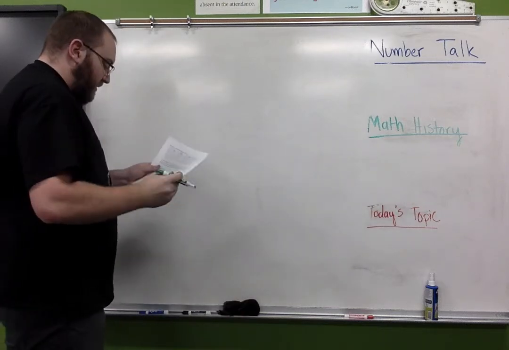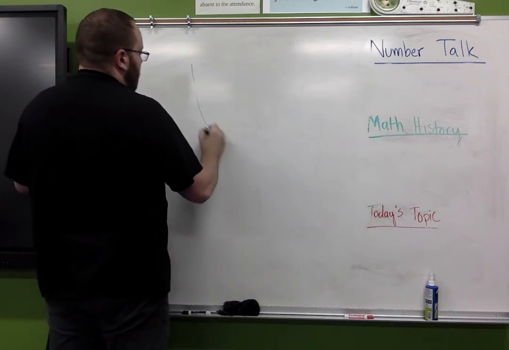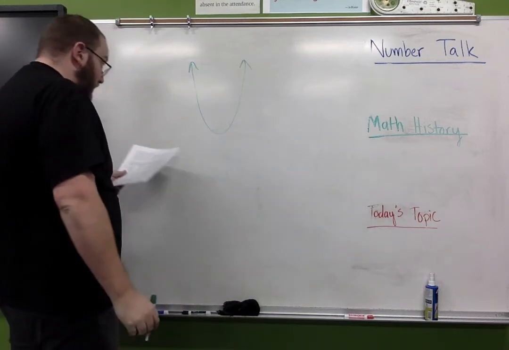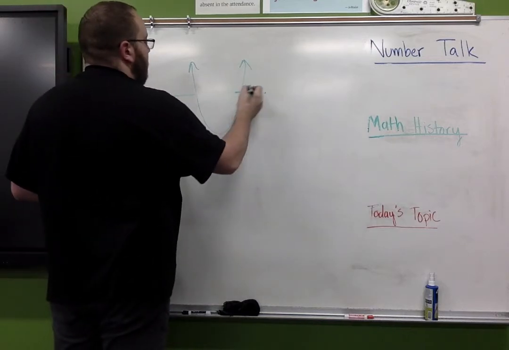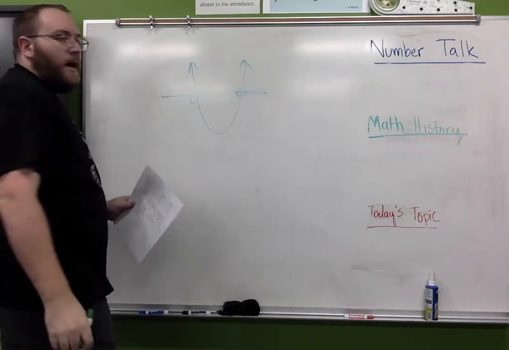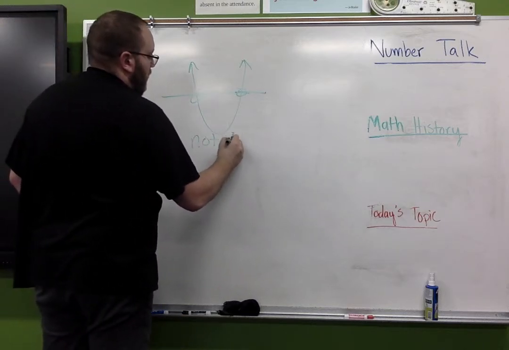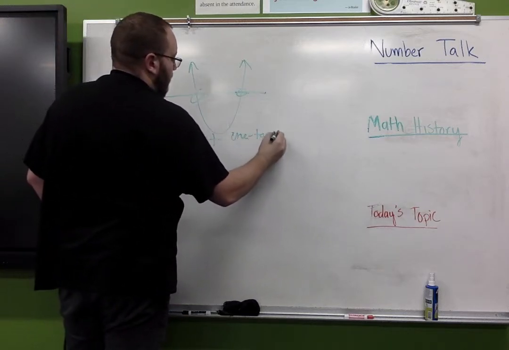So let's look at our graphs. Let's see, I have one that looks like this, right on your paper. Vertical or horizontal line test, crosses twice, not a one-to-one function. Right, so not one-to-one.